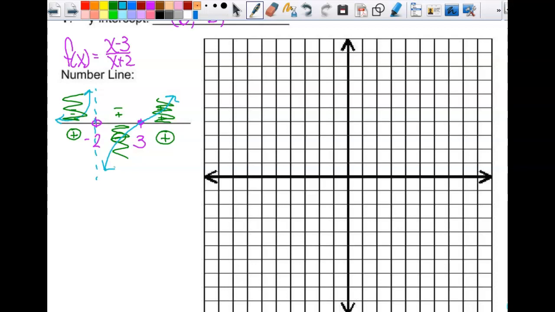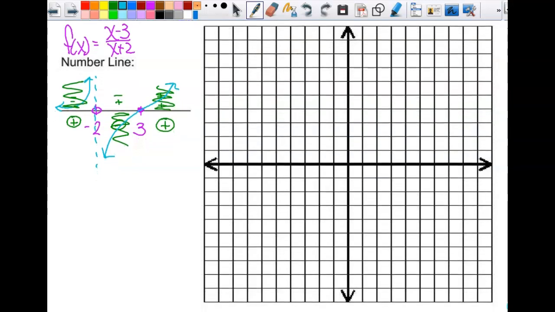Okay, so on our graph then, let's get some things on here. Let's get our asymptotes on here. So I have one at x equals -2. And then I have one at y equals 1. Okay. So then I'm going to plot the points that I know.